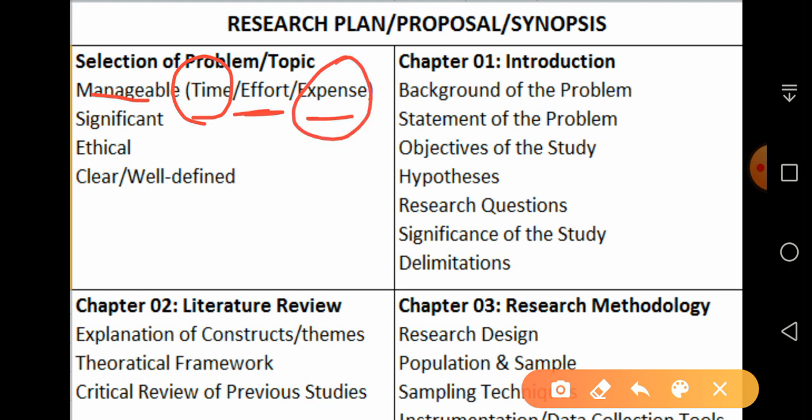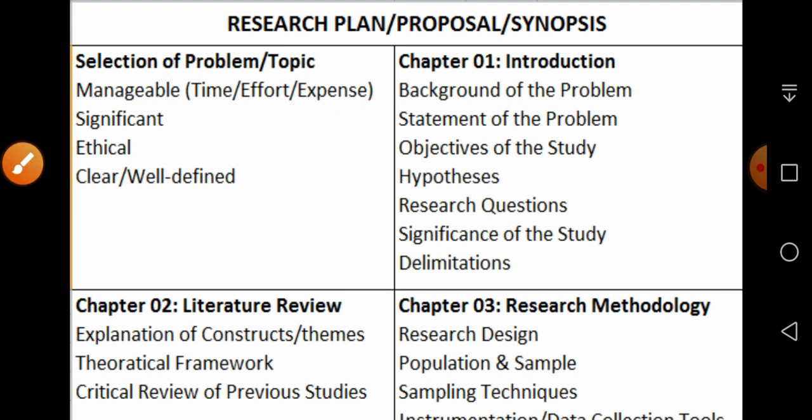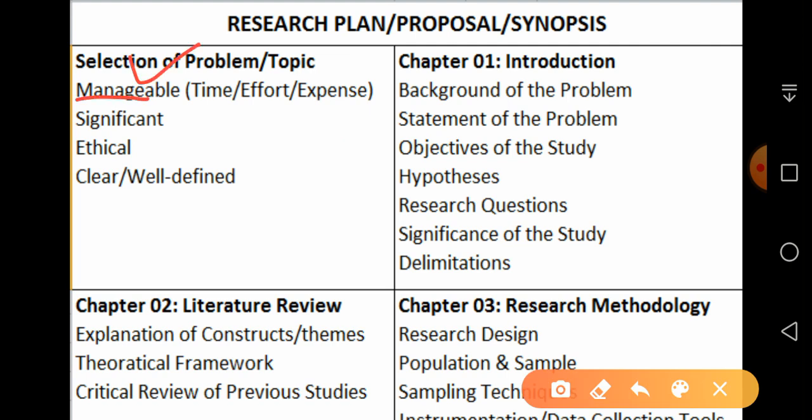So your money, don't go for a project for which you don't have a lot of money. So the first characteristic of a research problem is that it must be manageable in terms of time, effort, energy and expense.